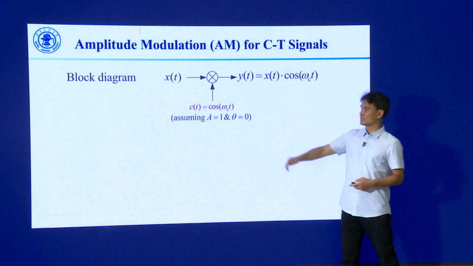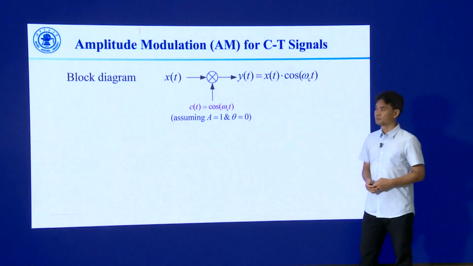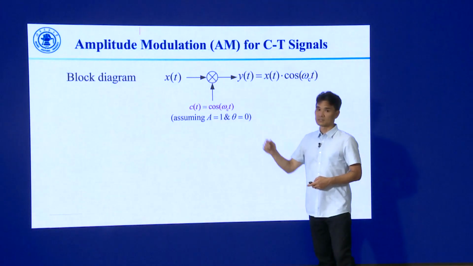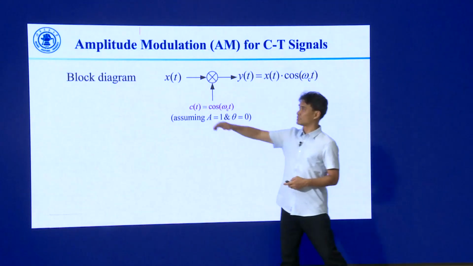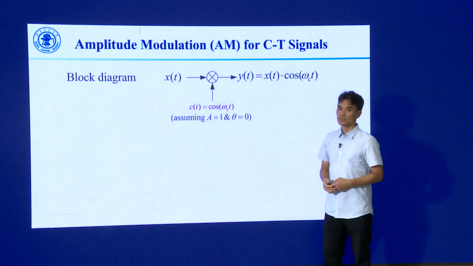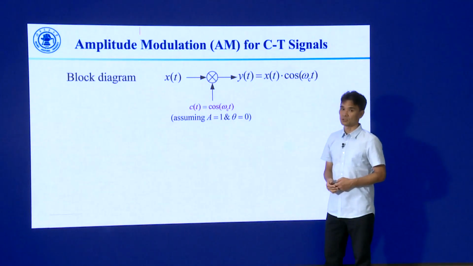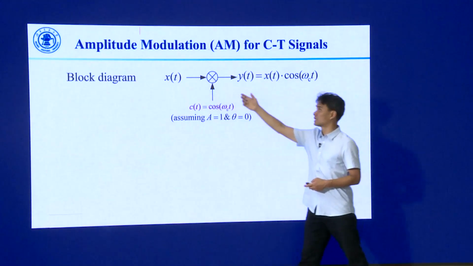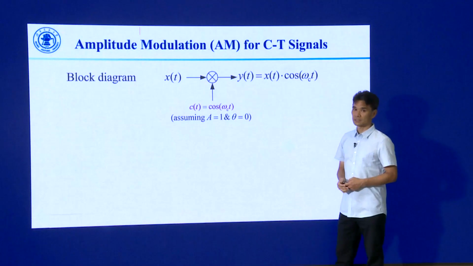So we're going to stick with this throughout this section. Now we use the cosine function as the carrier, and this is the modulating signal. If we try to do AM, we can simply do multiplication here to get the modulated signal.